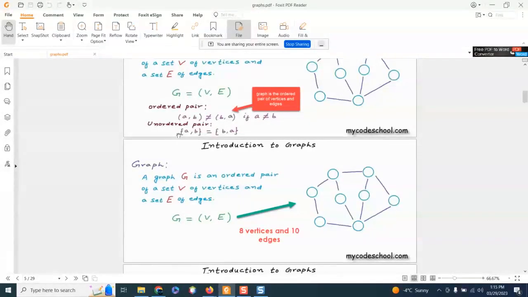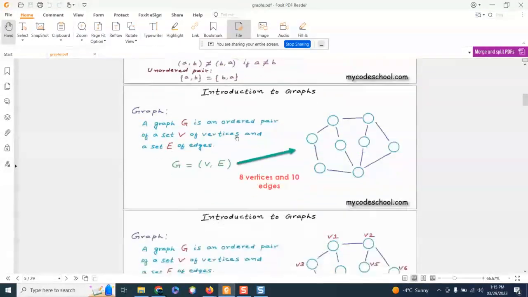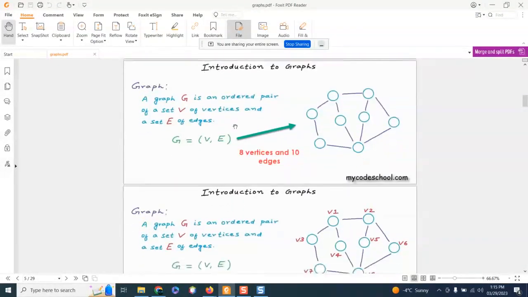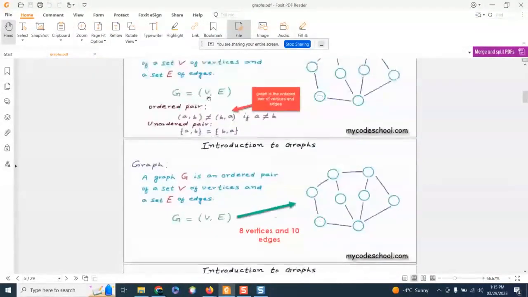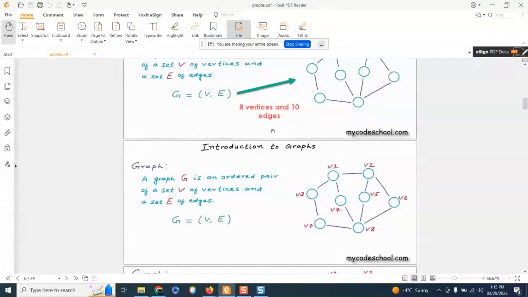It's not an unordered pair, meaning AB can be replaced by BA if it's an unordered pair. But in an ordered pair, the order does matter, and you cannot swap out AB with BA if A is not equal to B.